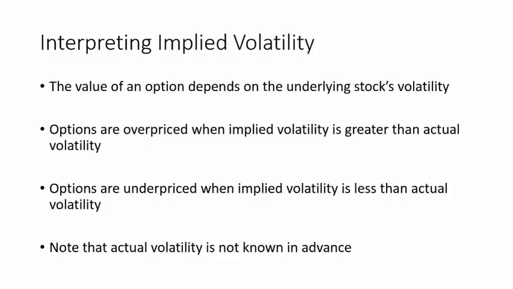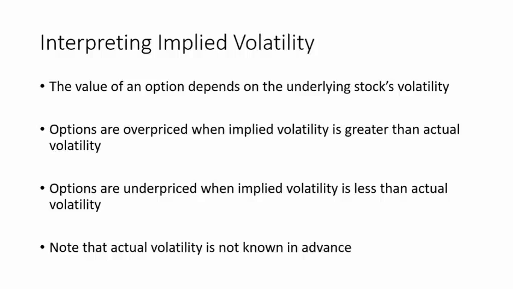Now let's turn to understanding what exactly that number means, right? So we can say, for example, that options with higher implied volatility are more expensive than options with lower implied volatility. But what does the actual implied volatility mean as a number in itself? The one thing we know is that the value of an option depends on the underlying stock's volatility.